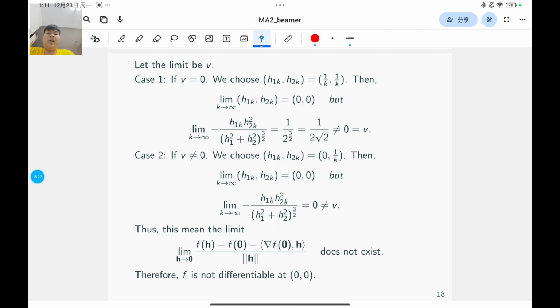Then the limit of f(h) is not equal to v as k goes to infinity. For case 2, if the limit v is not equal to 0, we can choose h to be the sequence (0, 1 over k). Then h goes to 0, but the limit is 0, which is not equal to v. For these two cases, we can conclude that the limit does not exist. Therefore, f is not differentiable at (0, 0).